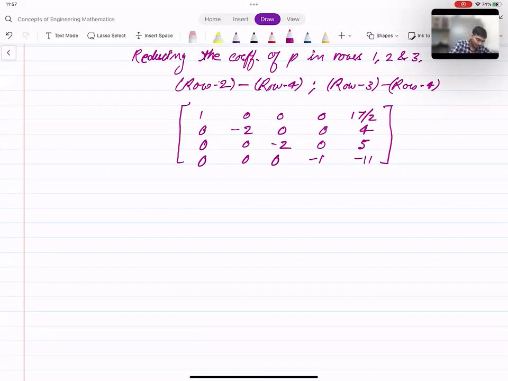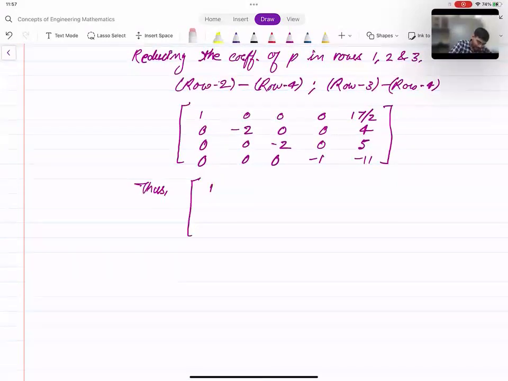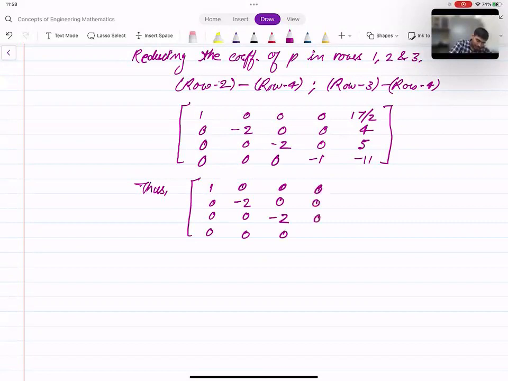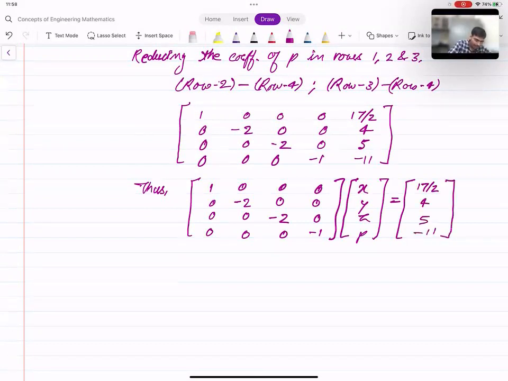So we can say that this 1 0 0 0, 0 minus 2 0 0, 0 0 minus 2 0, 0 0 0 minus 1, if this is multiplied with x y z p, then this is equal to the last column of the matrix, which is 17 by 2, 4, 5, minus 11. In fact, we have solved the system of equations by just reduction of rows.